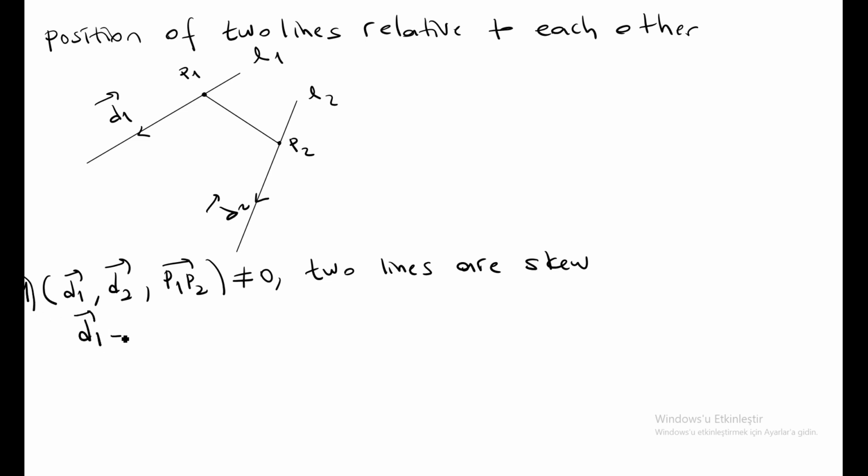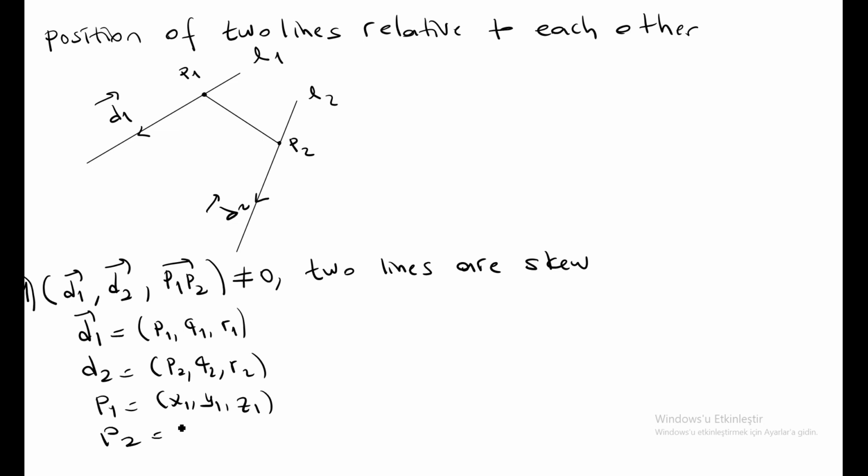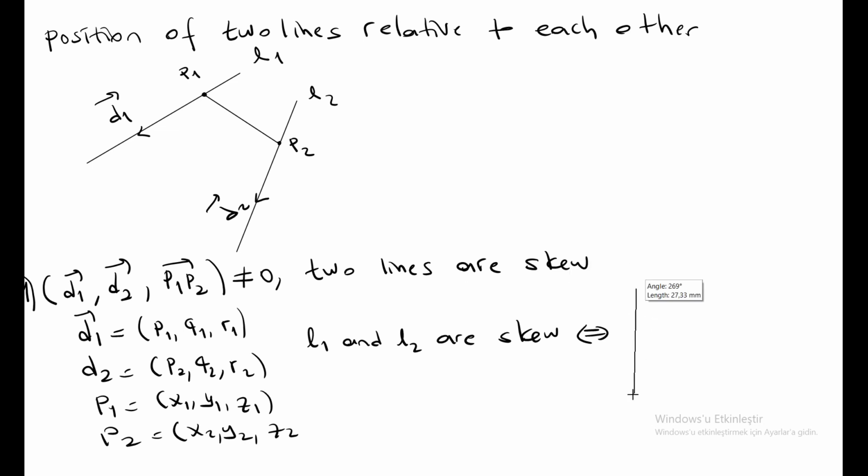If D1 is P1, Q1, R1, and D2 is P2, Q2, R2, and let's say P1 is X1, Y1, Z1, and P2 is X2, Y2, and Z2, then L1 and L2 are skew if and only if this determinant, let's say this one, P1, Q1, R1, P2, Q2, R2, and X2 minus X1, Y2 minus Y1, and Z2 minus Z1 will not be 0.